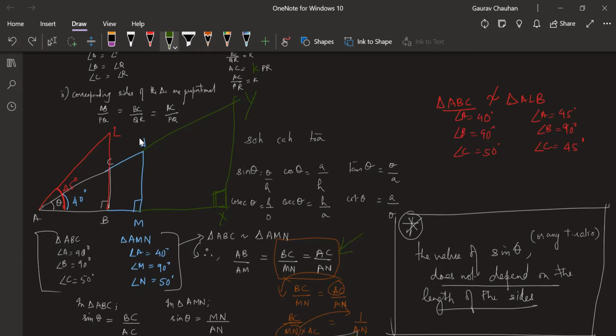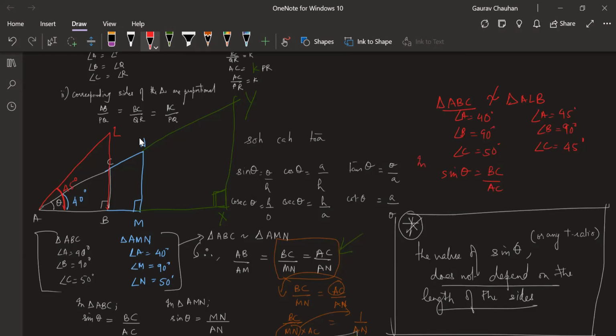And that is why the values of sine theta, cos theta, tan theta will also change. Think for a moment, what is sine theta at the end? Sine theta in ABC will be BC by AC.